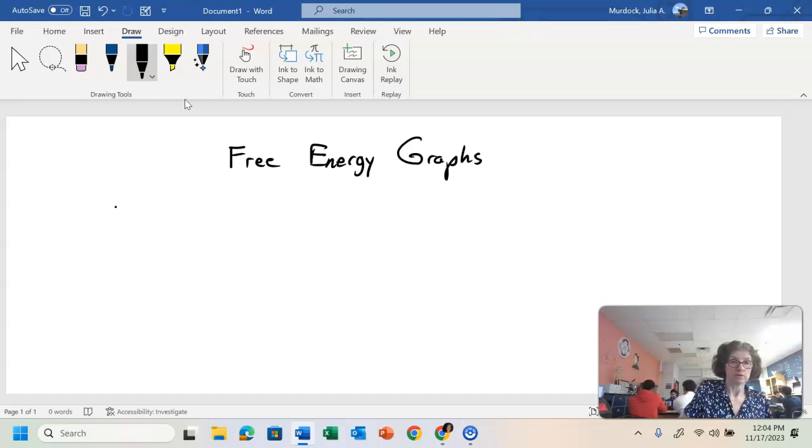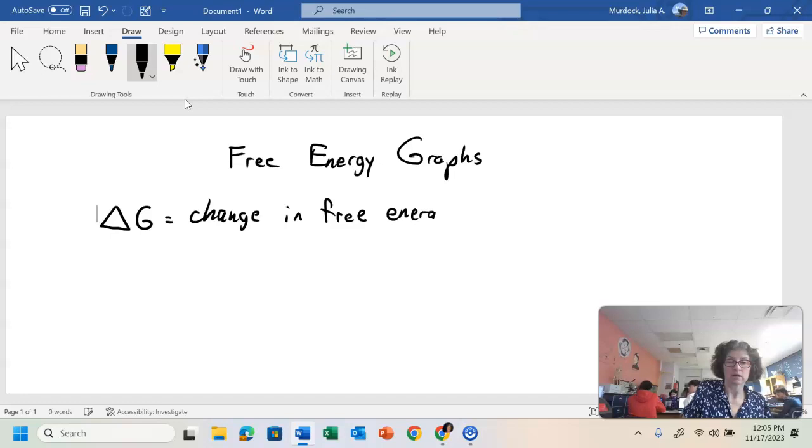So one of the first ones is delta G. Delta G is the change in free energy during the reaction.